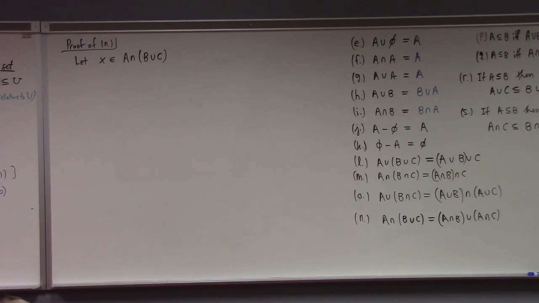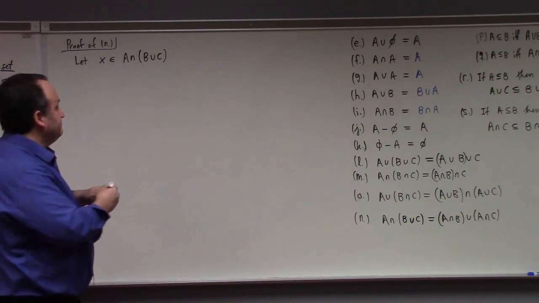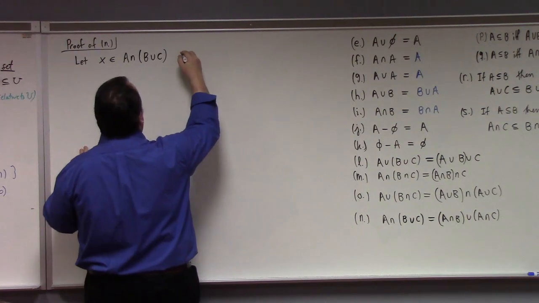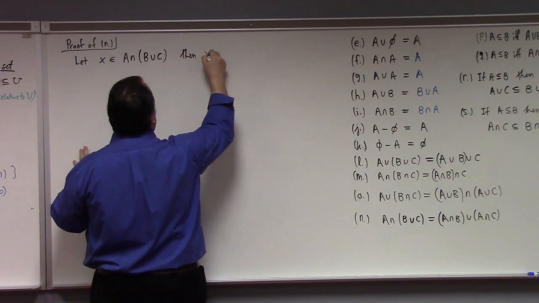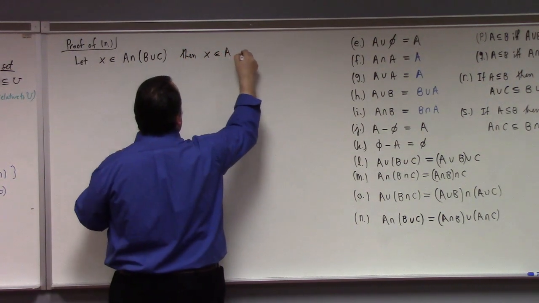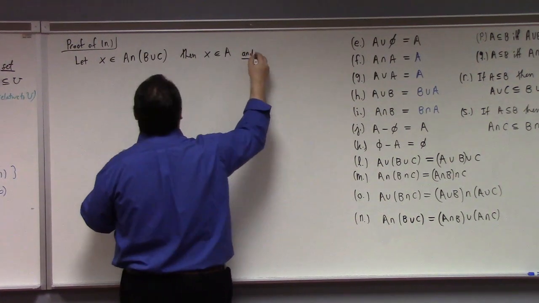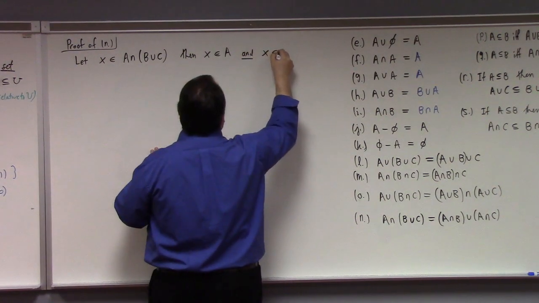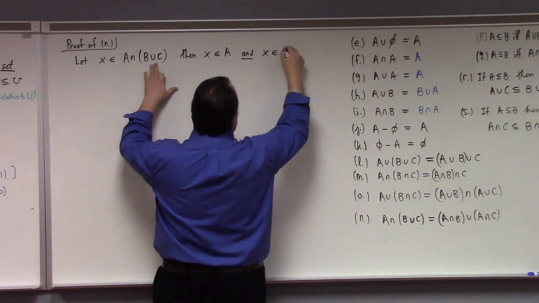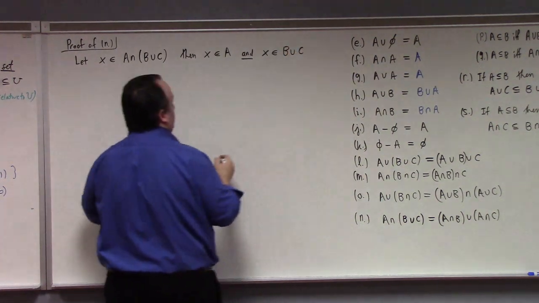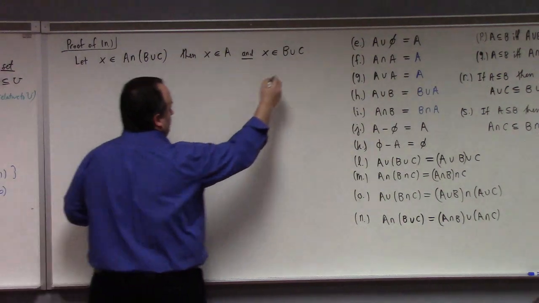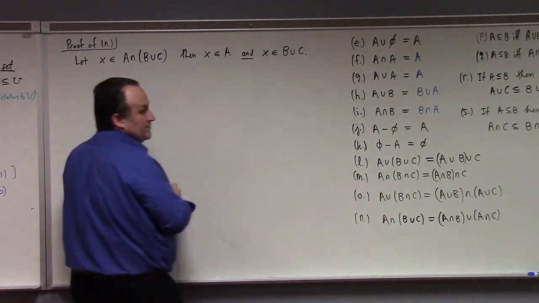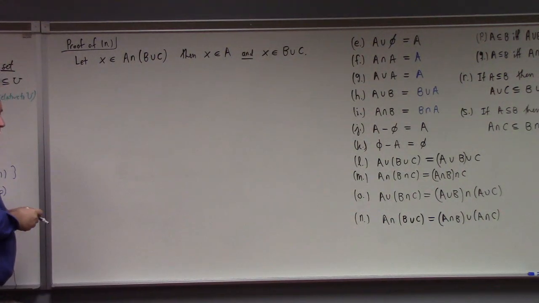Let's see here. Okay, so then what? What does this mean? Then X is an element of what? A, and X is an element of B union C, right? Agree? By definition of intersection, right?